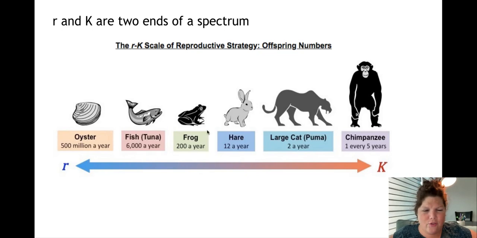A lot of times you'll see frogs with their tadpoles on their back. Large cats will hold on to their young for a few years and then they say, off you go. So this is a spectrum where we go back and forth, especially seahorses. You see a lot of seahorses that are very protective of those eggs until they're born. So there's different levels of this, and it's not binary. It's not either R or K.